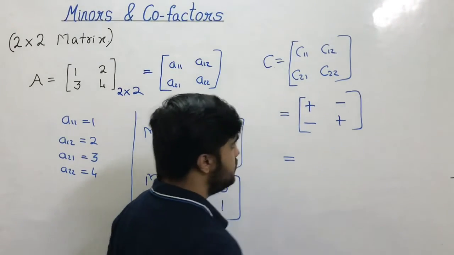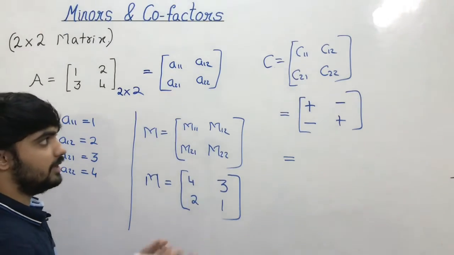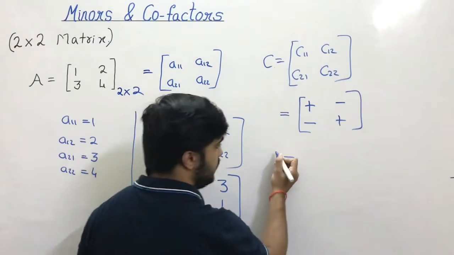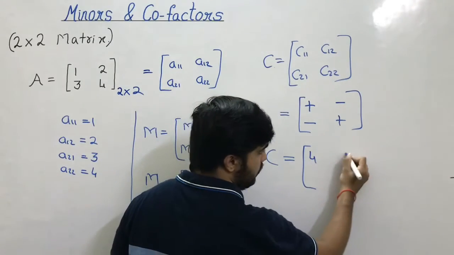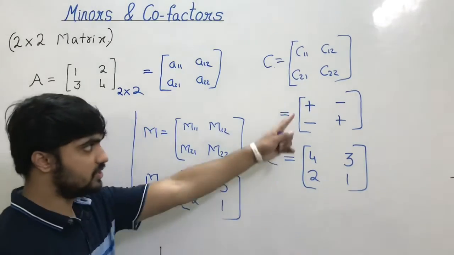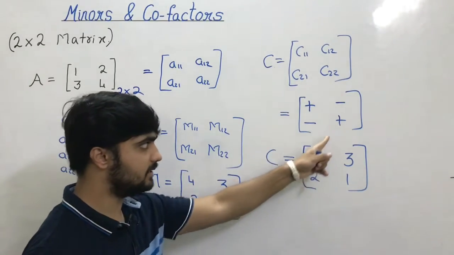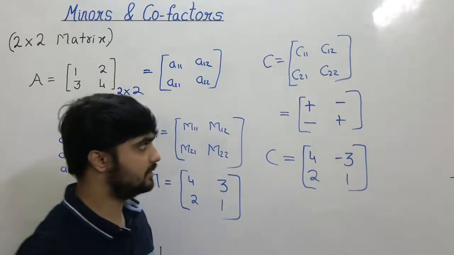So what we'll do is write the minor matrix as it is and just change the sign, then we'll get the cofactor matrix. So we can write C is equal to this matrix as it is, 4, 3, 2 and 1. We have to change the sign. So plus will be as it is, here it is minus, so it will be minus.